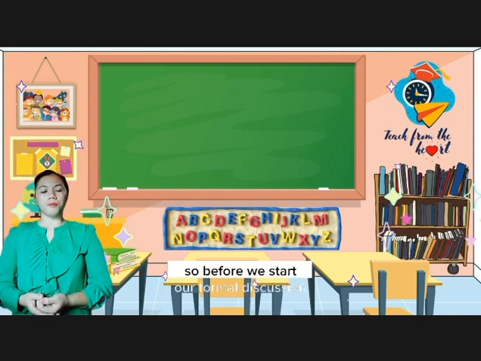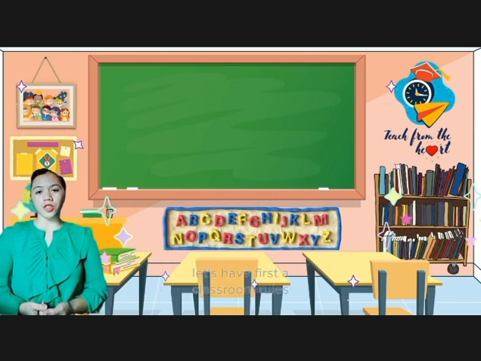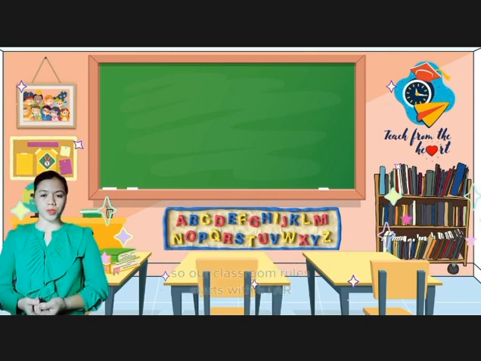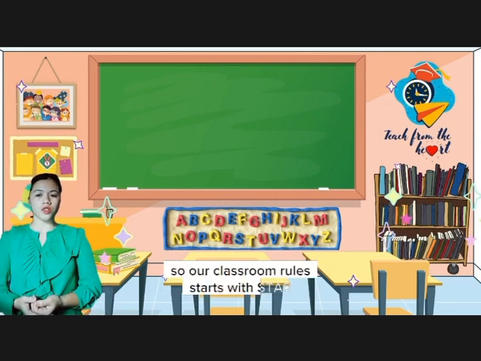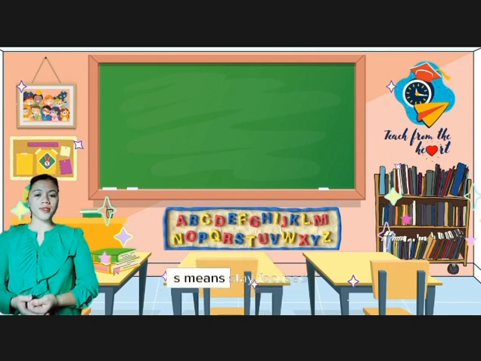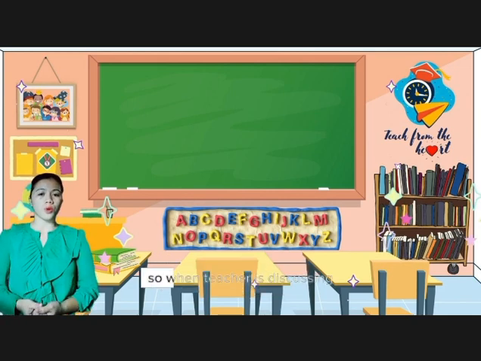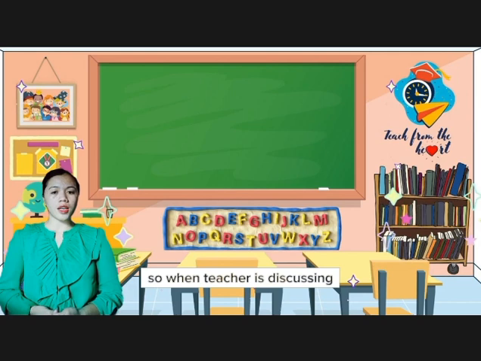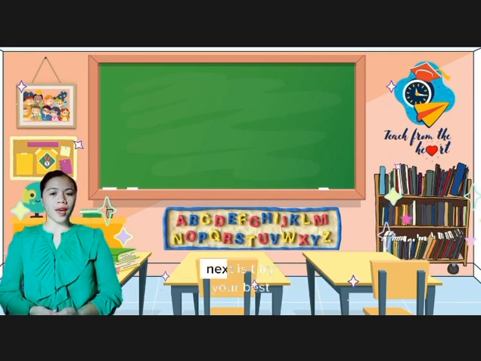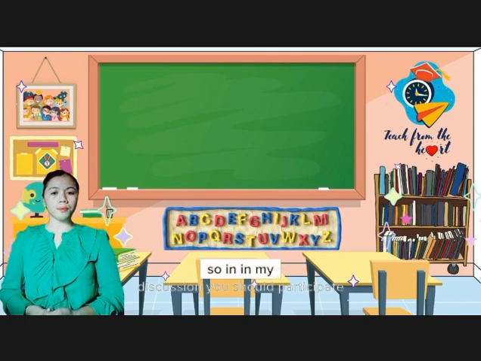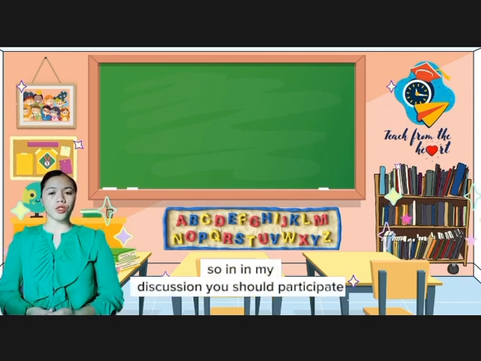Before we start our formal discussion, let's have first our classroom rules. Our classroom rules start with STAR. S means stay focused. When the teacher is discussing, you should listen. Next is T, try your best. In my discussion, you should participate.